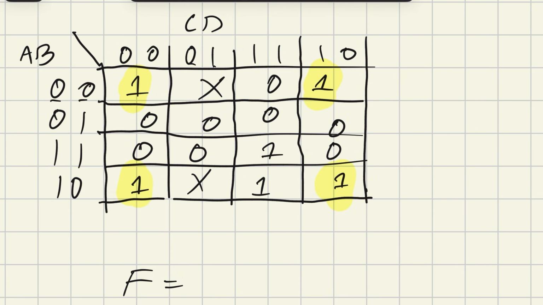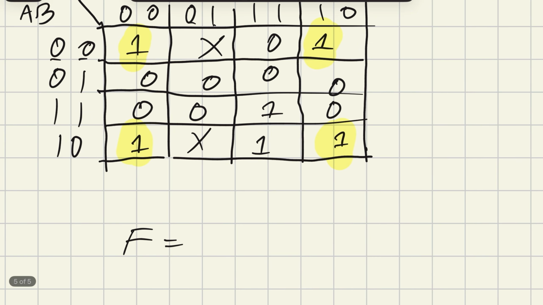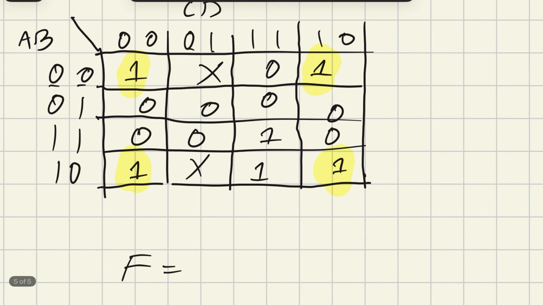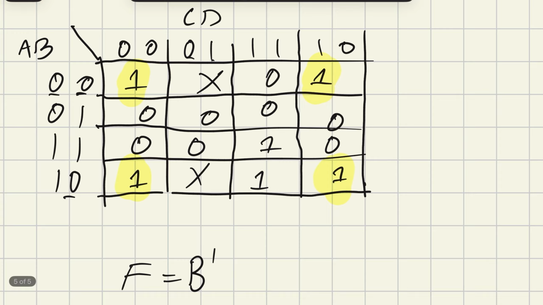Over here, our first term in our expression would be the grouping of these 4 ones around the corner. So we're going to look at each variable and see what's changing across this grouping. We see here that B is always staying 0 in this. So we're going to put B, however, it's 0, so we're going to put a not. And C is changing from 0 to 1, so we can ignore that.